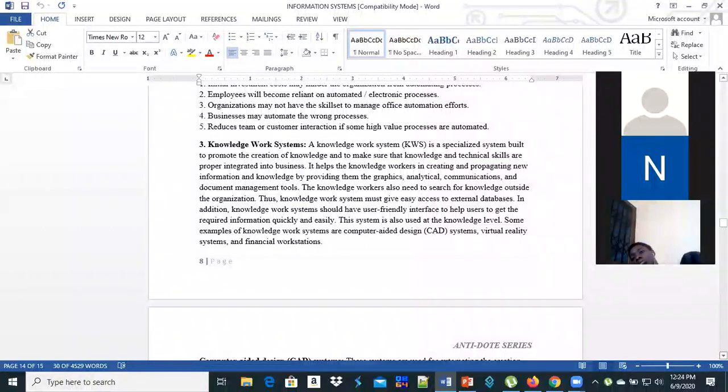Yes, of course, you can't always base on the data coming from your organization. In as much as it is accurate because it is coming from your organization, you also need to look for knowledge elsewhere outside the organization to be able to come up with a decision. So it is always critical for the knowledge work people using the knowledge work system.